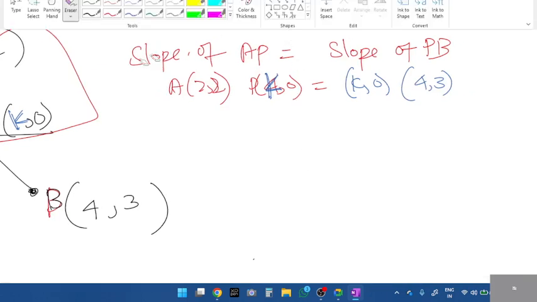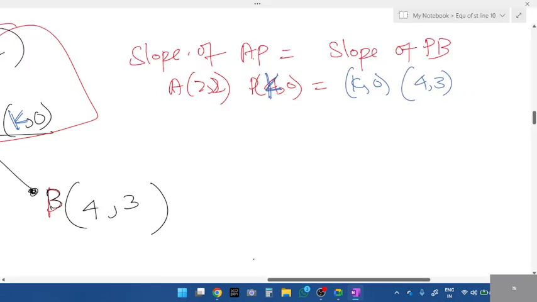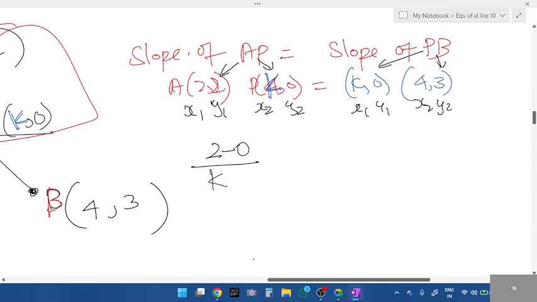Now, whatever we have taken, slope of AP, PB, according to that, you have to write A first, P next, P first, B next. Use the formula with x1, y1, x2, y2. So the formula is y2 minus y1, 2 minus 0, divided by x2 minus x1, k minus 2, is equal to 3 minus 0 divided by 4 minus k.